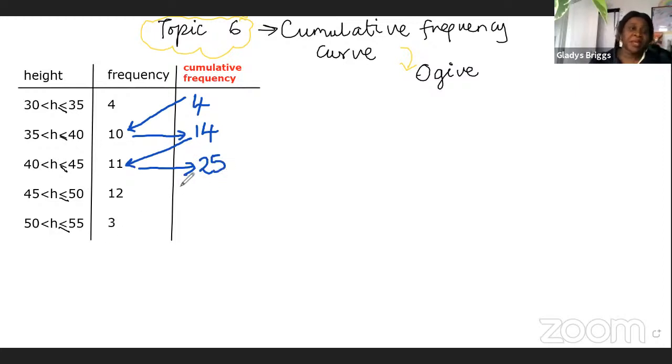And the next one now would be 25 add 12, and that will give us 37. And the last one would be 37 add 3, and that will give us 40. Do we understand?